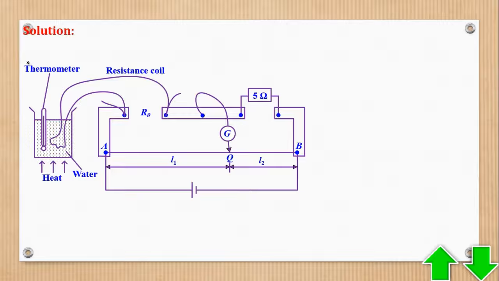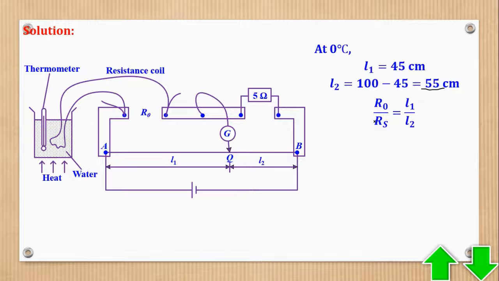So before heating, it was an ice water mixture and it was at 0 degrees Celsius, so this will be R0. Then when you heat to 100 degrees Celsius, this will be R100. So at 0 degrees Celsius, length was 45, then L2 will be 100 minus 45, which gives that. Therefore, balance condition R0 over 5 is equal to L1 over L2.